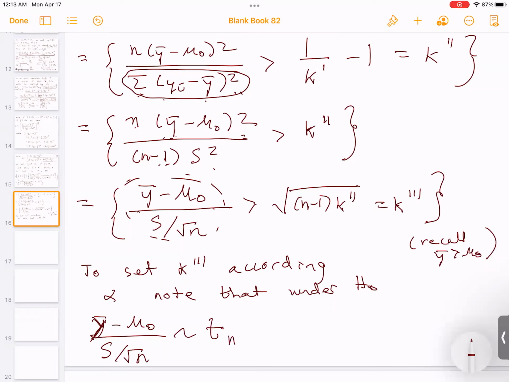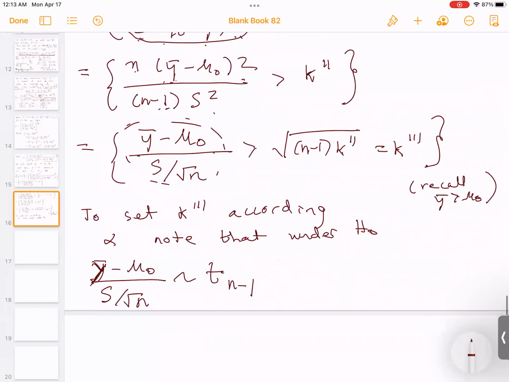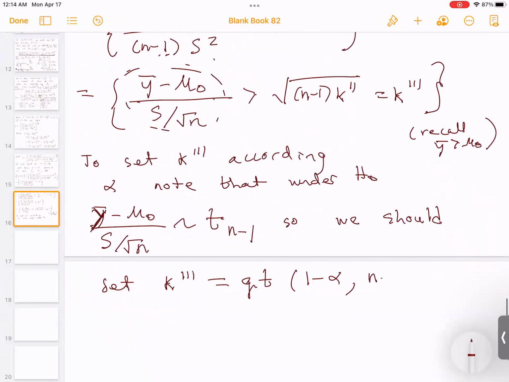T distribution, right? With n minus 1 degrees of freedom. So, which implies, we should set K triple prime equal to QT 1 minus alpha for a right tail, n minus 1. Okay. So this, you might notice, is the same as the t-test for this case where both variables are unknown. We're done, by the way.